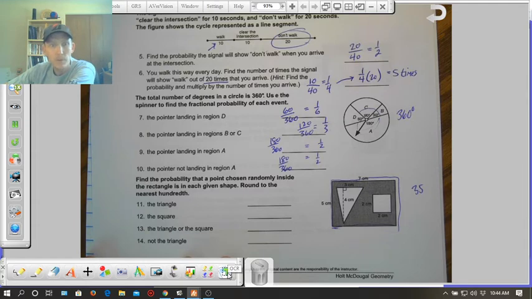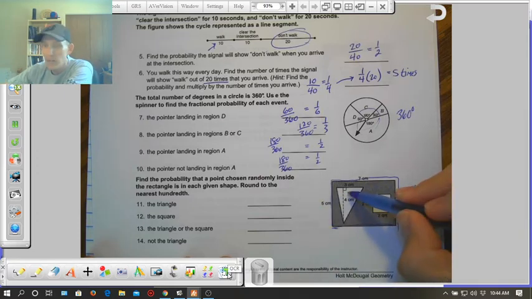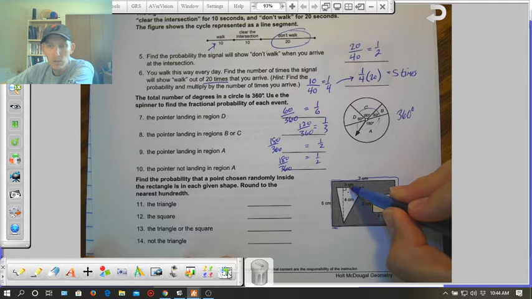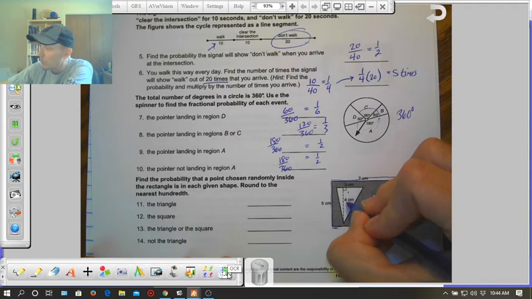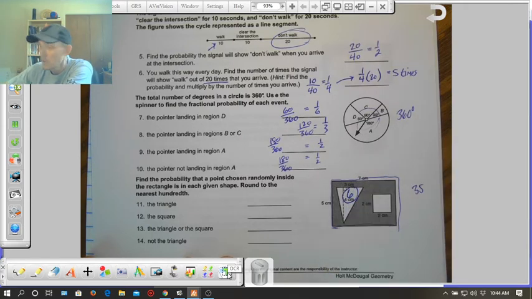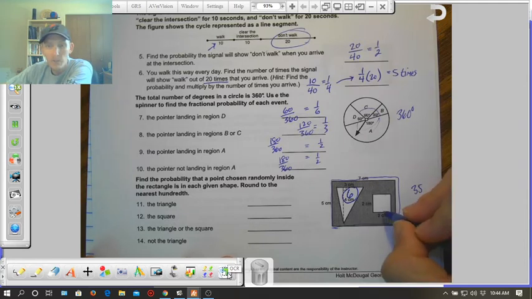So find the probability that the piece I'm looking for lands in the triangle. Let's find the area of the triangle. The area of the triangle is base times height over 2. The base is 3 and the height is 4, so the area is 12 over 2, or 6. And while I'm at it, let's find the area of this square: 2 times 2 is 4.